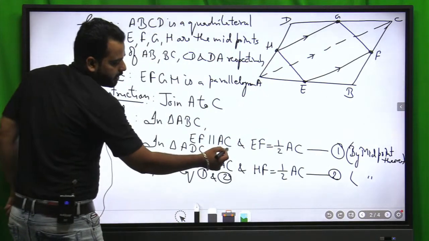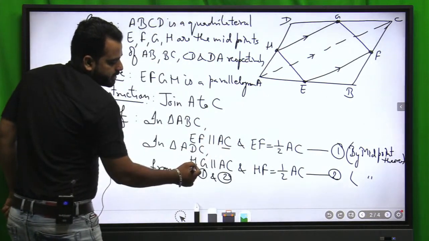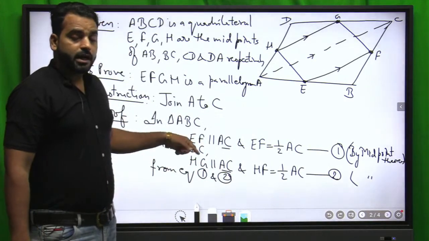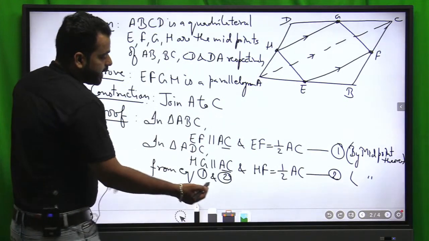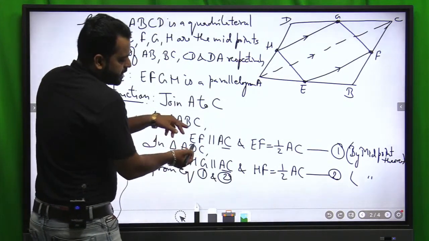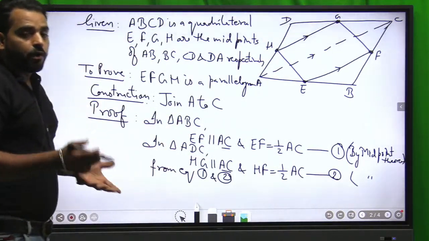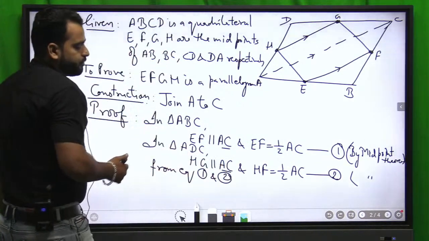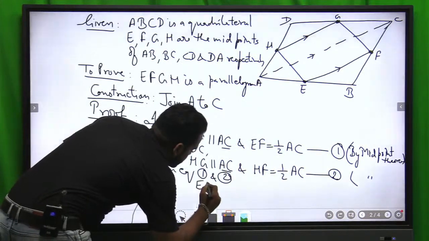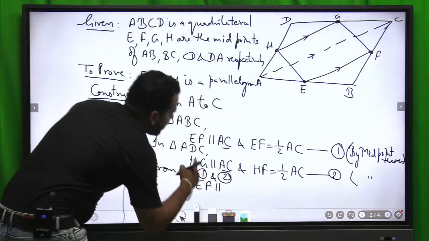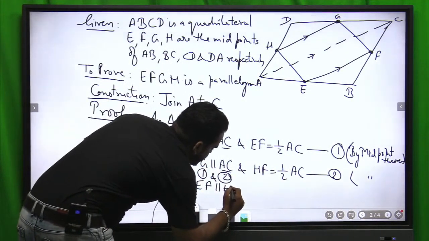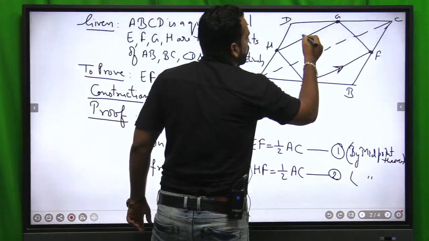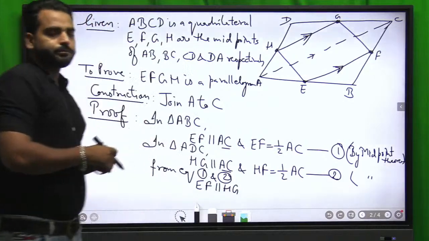Look at this figure: EF is parallel to AC, GH is parallel to AC, so both lines are parallel to AC. That means EF and GH are also parallel. So from equations first and second, EF is also parallel to HG.